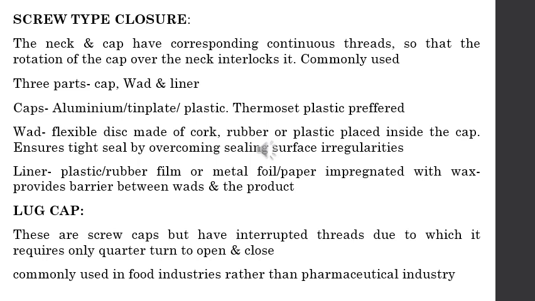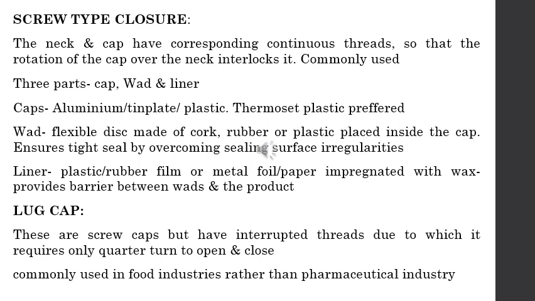There are three parts: cap, wad and liner. The cap is made of either aluminium, tin plate or plastic, but thermoset plastic is preferred. Next part is the wad, which is nothing but a flexible disc of cork, rubber or plastic which is placed inside the cap.